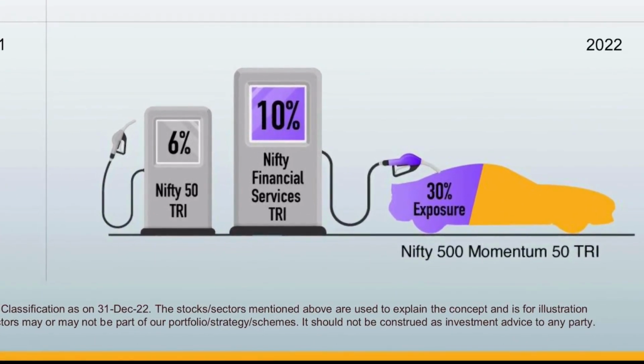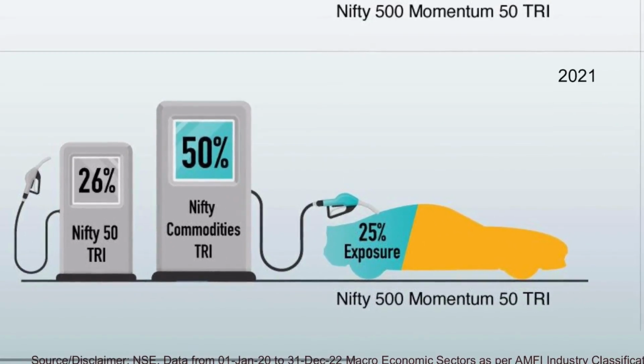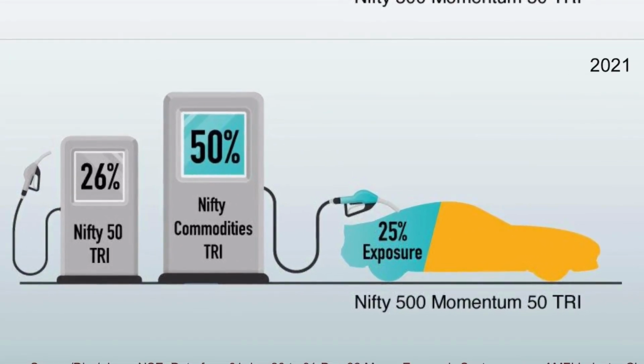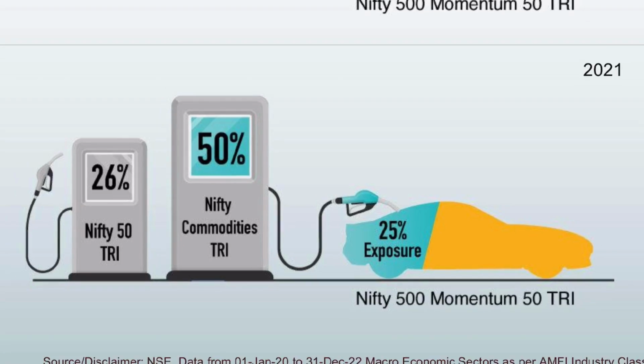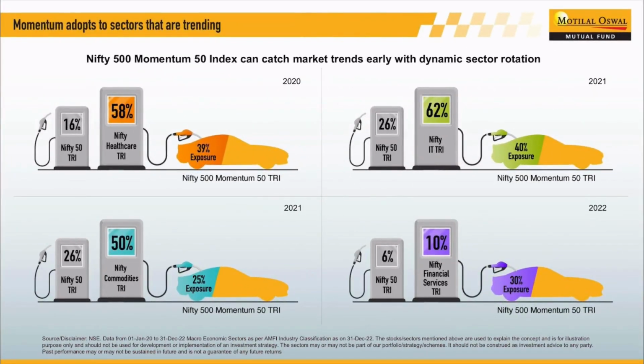In 2022, the fund had 30% exposure in financial services, and Nifty Financial Services gave 10% return, while Nifty 50 gave only 6% return. In the same way, in 2021, Nifty Commodities gave 50% return, while the fund's exposure to commodities was 25%, while the index gave 26%. So this is how the fund adapts to new trends, friends, trending themes or sectors, based on the momentum investing strategy.